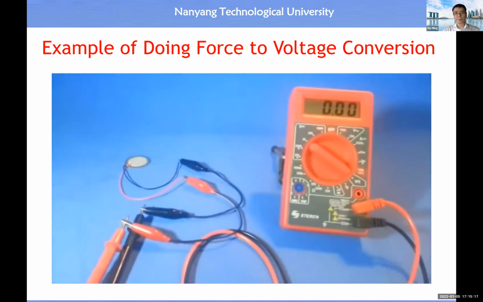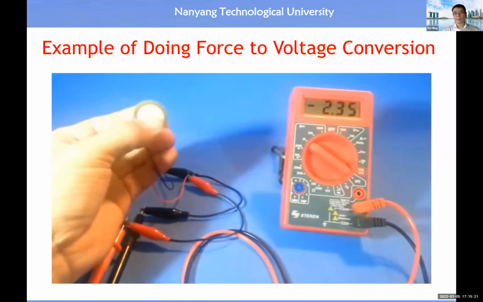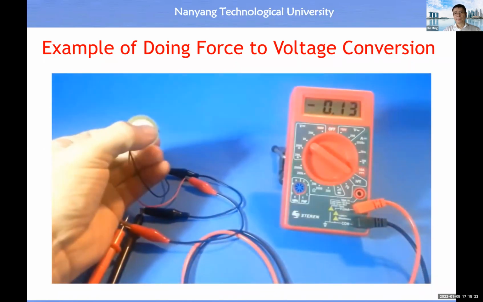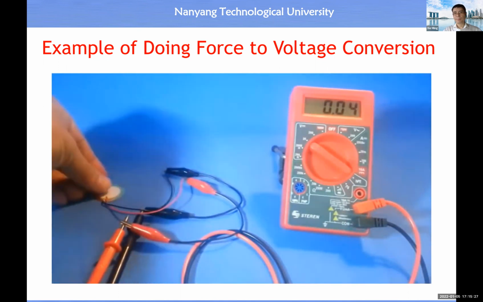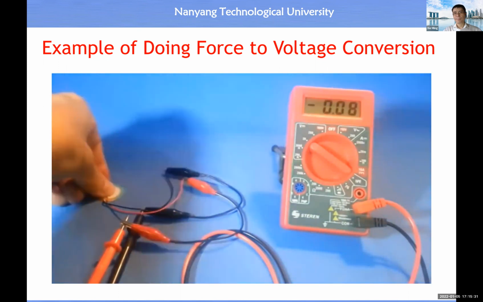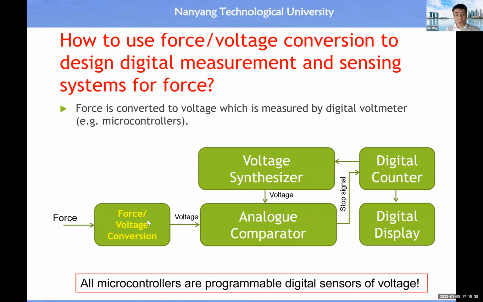When the element is pressed, a voltage is produced. We can see that voltages of up to 20 volts are obtained. Right, so we can just use this sensing element to implement the first module here, then done already.